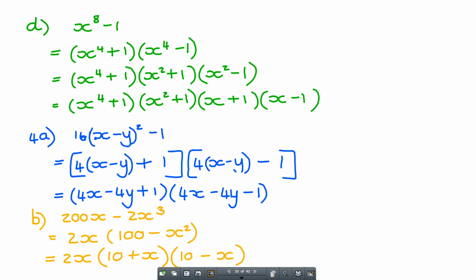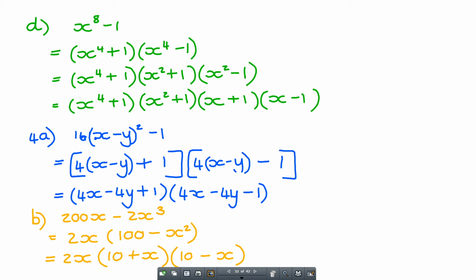Do you guys all get that? And then what's square root of 1? 1. Now, all I did here is I multiplied in that 4 to get the 4x minus 4y and then plus 1. And here, same thing. 4x minus 4y and then minus 1. So any questions at 4A?